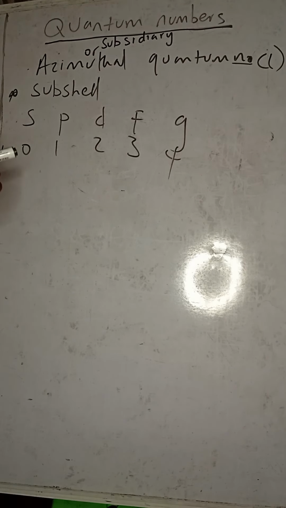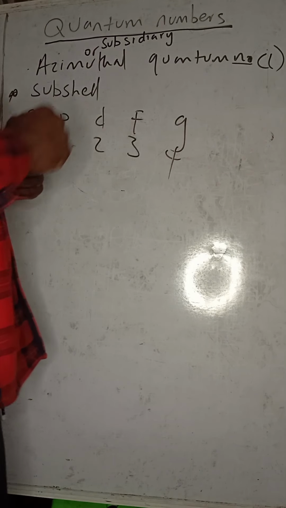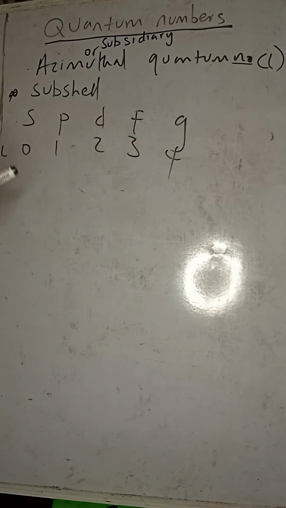That means from the azimuthal quantum number, we can calculate the angular momentum of an electron moving in an orbit, according to Niels Bohr. It should be noted that quantum numbers were not discovered by a single scientist. They were used by Max Planck in his quantized energy theory, by Albert Einstein, by Schrödinger, and by Niels Bohr.